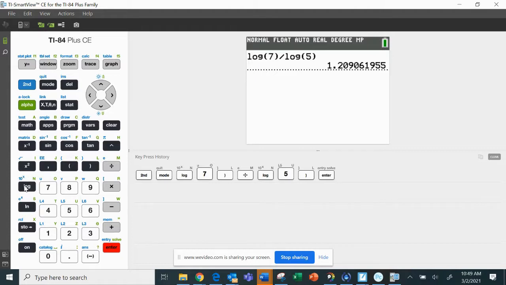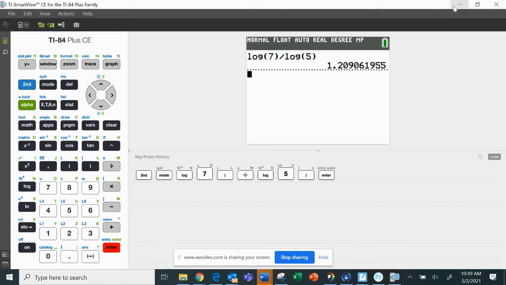It's inverse, 10 to the x. And look at the button underneath, ln, and look what's right above it. It's inverse, e to the x. Look at the button right above it, x squared. And the inverse of that is square root. It's kind of cool. Not all the buttons are like that, but those are.